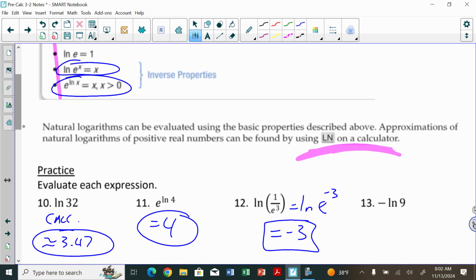So we're good on that one. And then finally, we would use our calculator on this one as well. Just punch in the ln button on the calculator, and it would be the negative of that, so about negative 2.20, rounding to the nearest hundredth.